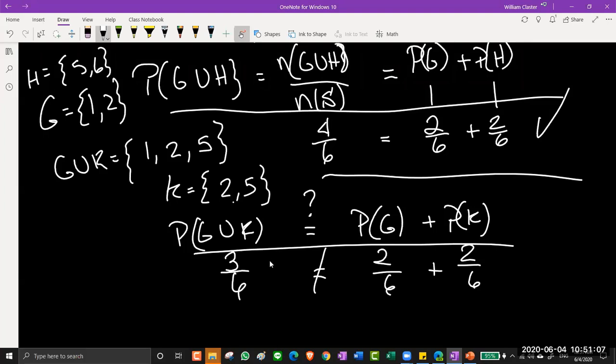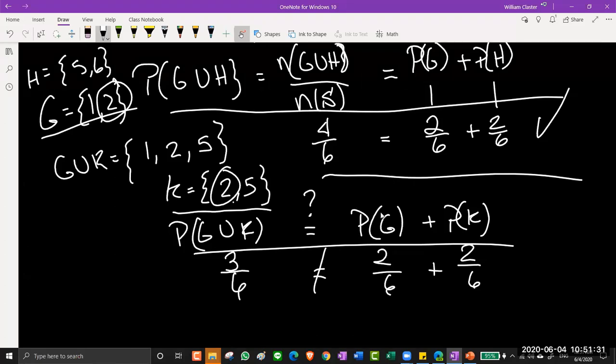Because both G and K have a 2. Yeah. So because they have some intersection, right?